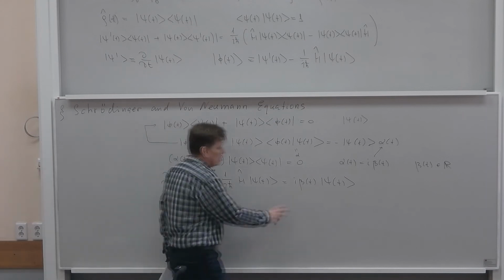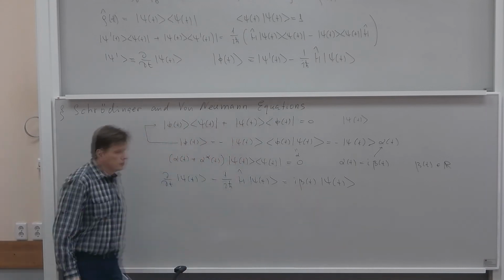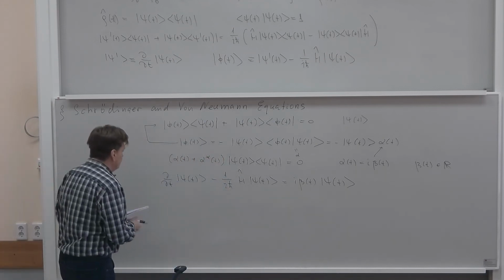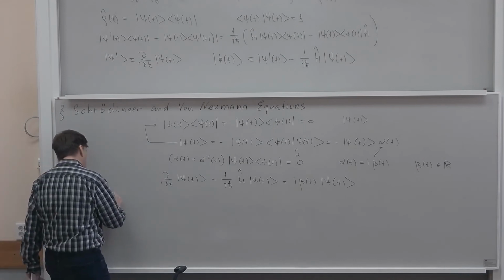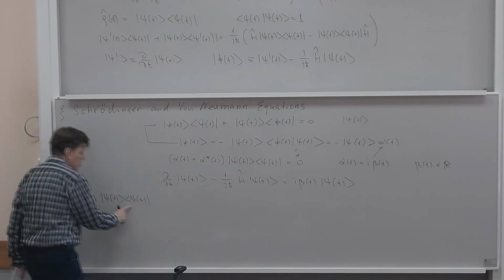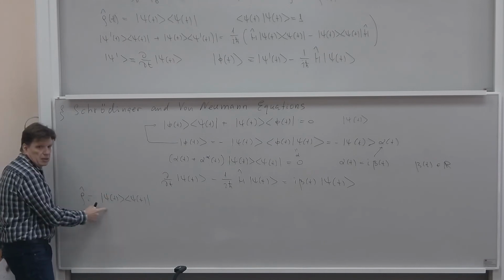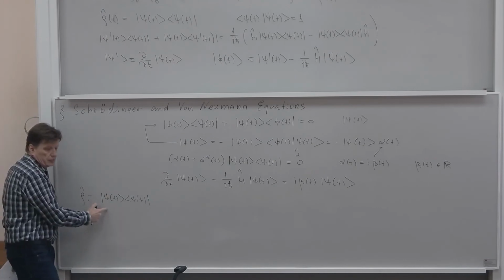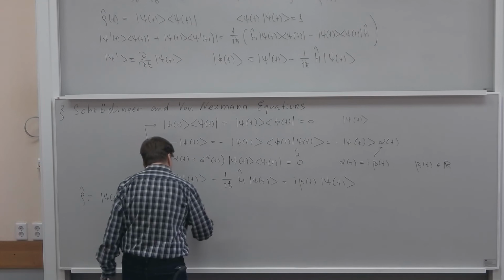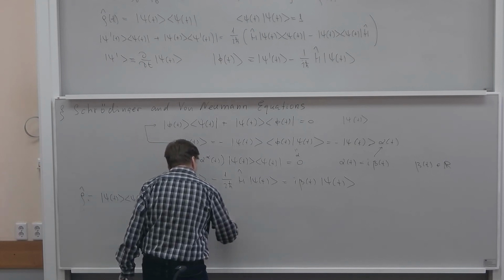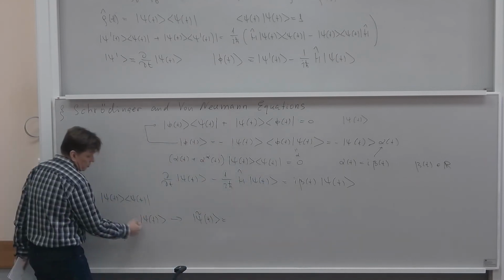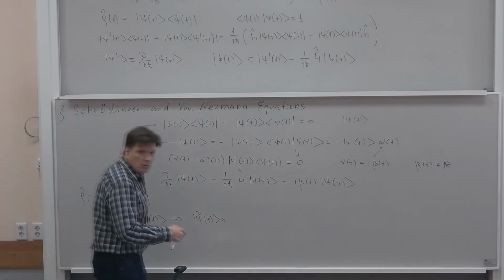We can get rid of this function beta, and note that the projector psi of t times psi bar of t does not specify this ket vector psi completely, because we can always pass from psi of t to another psi tilde of t, which differs from the original psi by a phase factor.